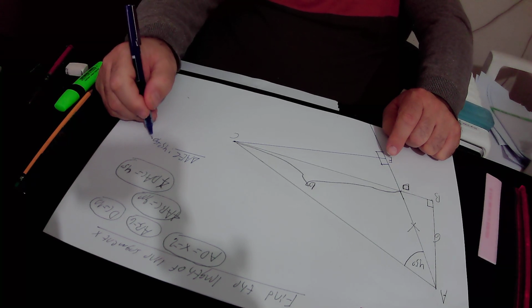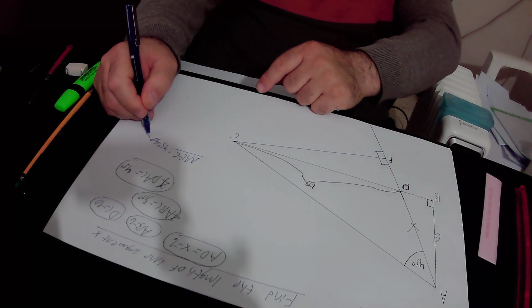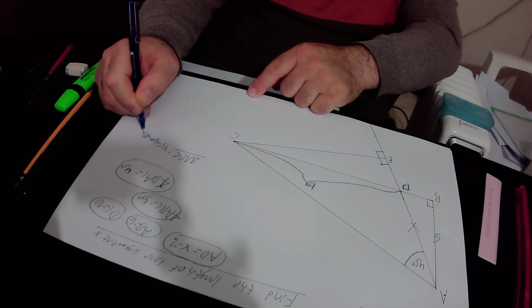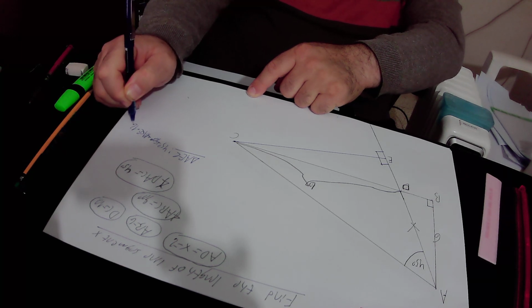And we have the missing angle, angle ACE. In total, the sum of those three angles must be equal to 180 degrees according to the rule that the sum of the angles in a triangle is equal to 180 degrees.